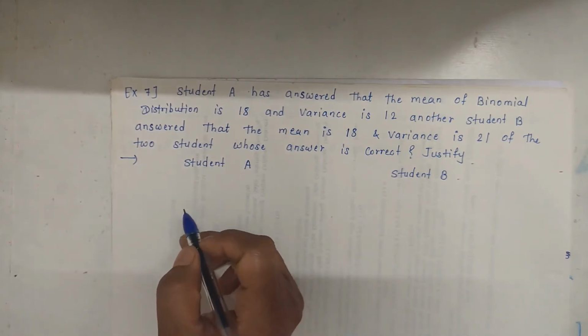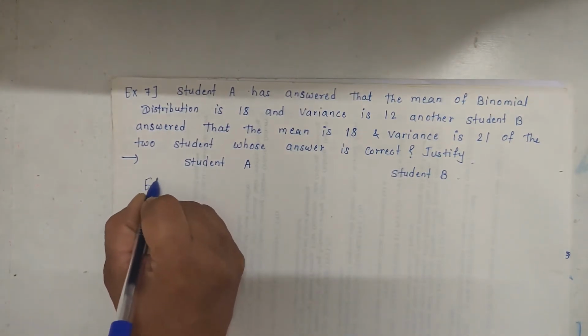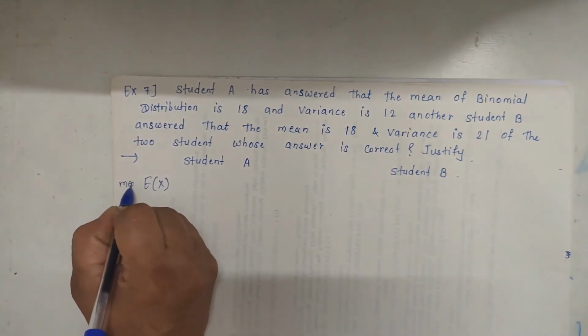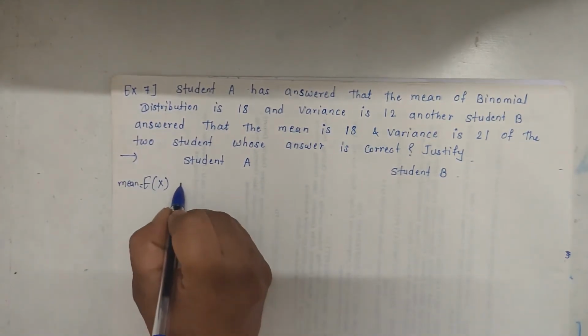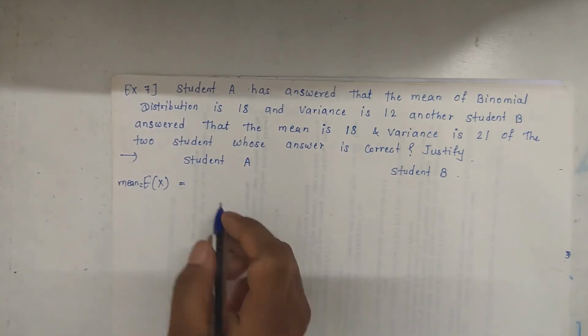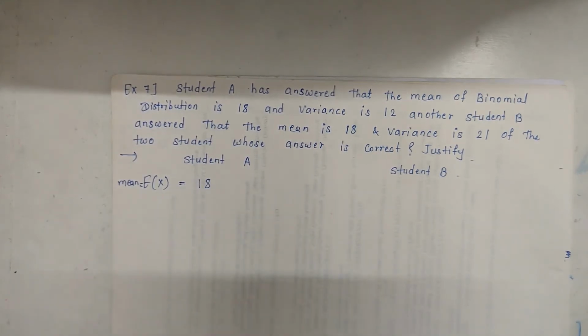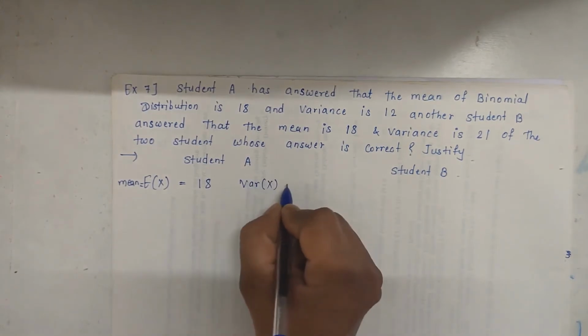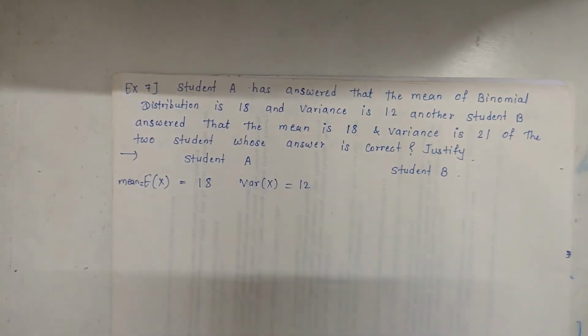So for student A, we can write the mean, which is denoted by E of x, is equal to 18, and variance of x is equal to 12.